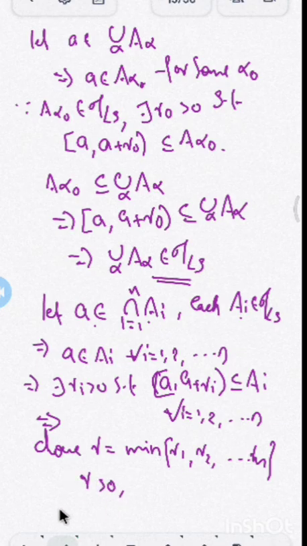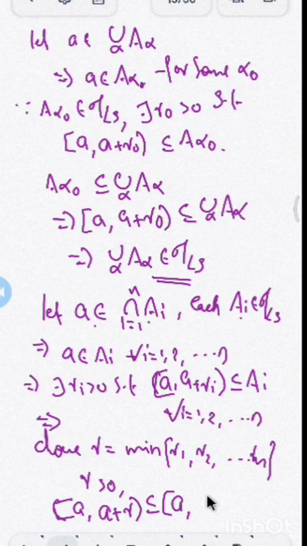Then the interval [a, a + r) will be contained in [a, a + r_i) for every i equal to 1, 2, 3, etc. n. Correct? Because r is the smallest among all these r_i.